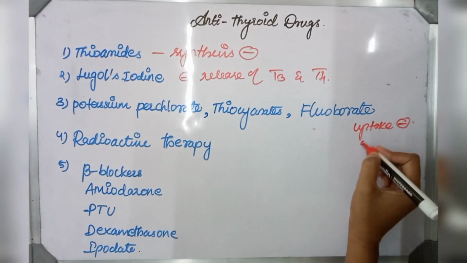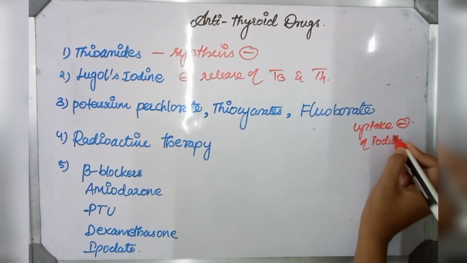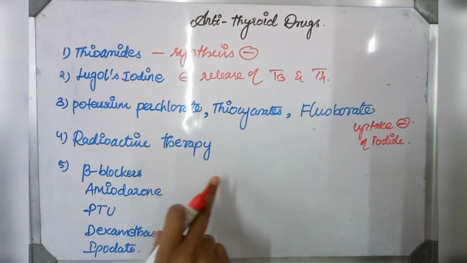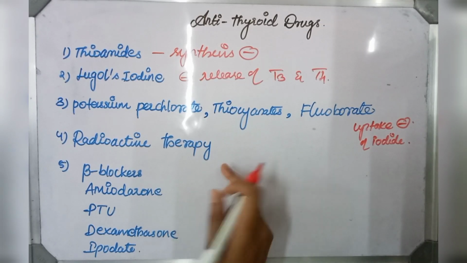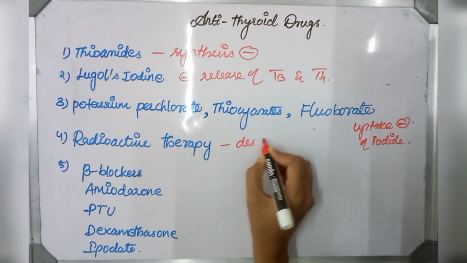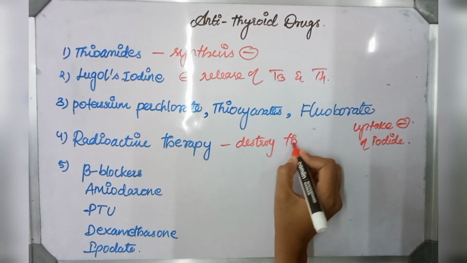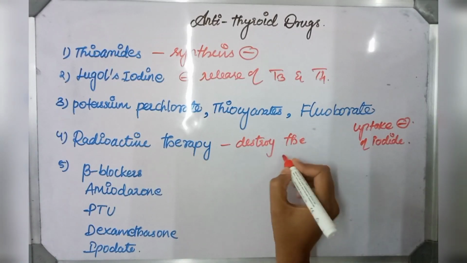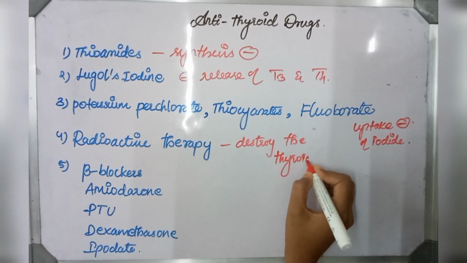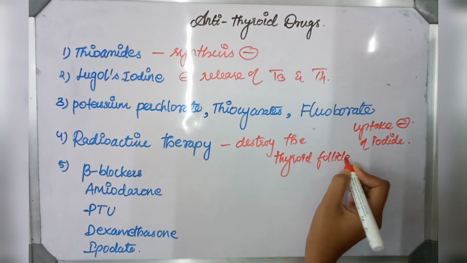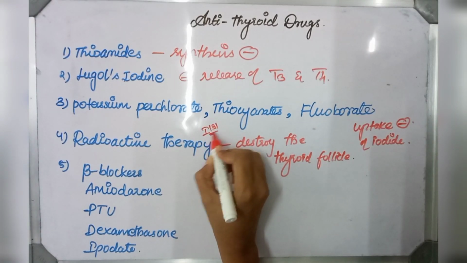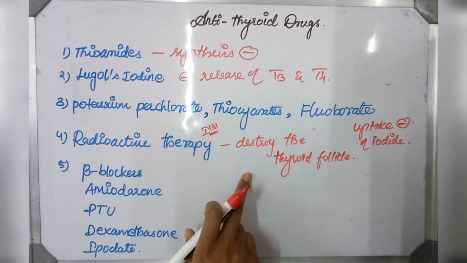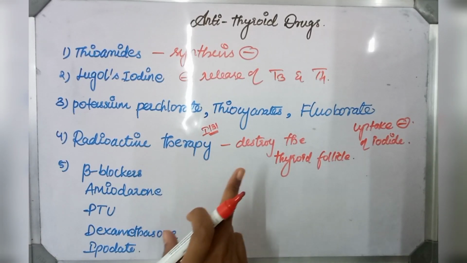Radioactive therapy destroys the thyroid follicles, as in cases of cancer or thyrotoxicosis. Importantly, this radioactive therapy, with the help of iodine-131, destroys the follicular cells, not the medullary cells, so it is useful only for follicular carcinoma of the thyroid.